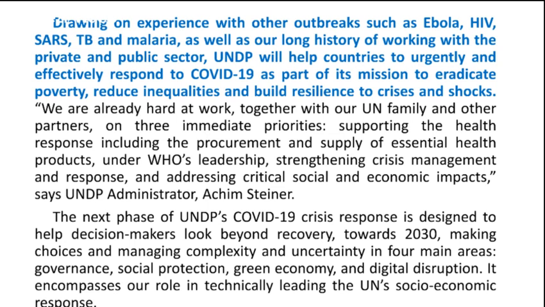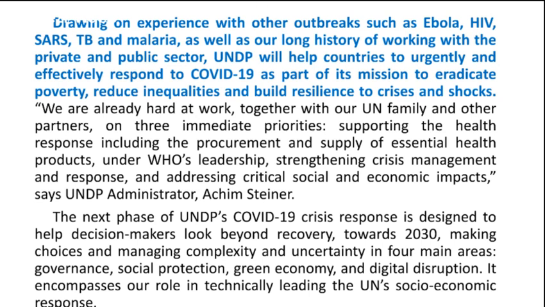We are already hard at work together with our UN family and other partners on three immediate priorities: supporting the health response, including the procurement and supply of essential health products under WHO's leadership, strengthening crisis management and response, and addressing critical social and economic impacts, says UNDP Administrator Achim Steiner.